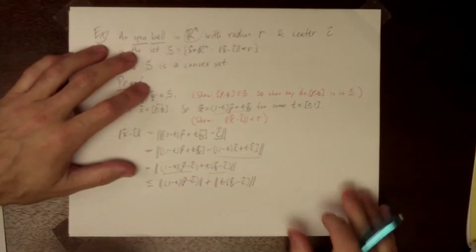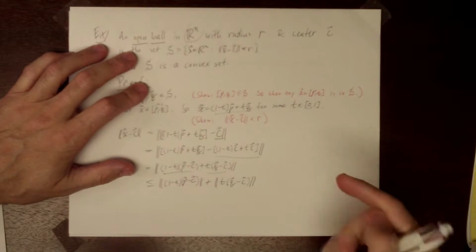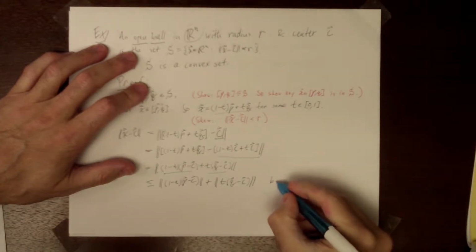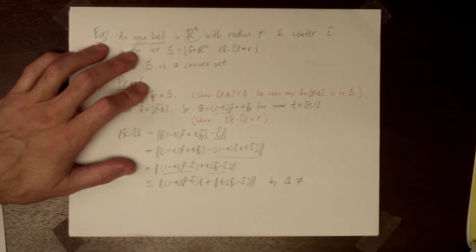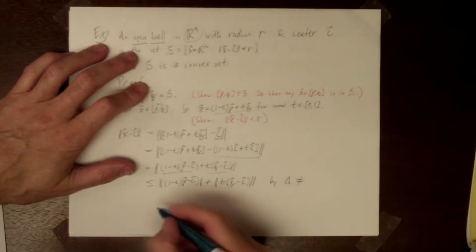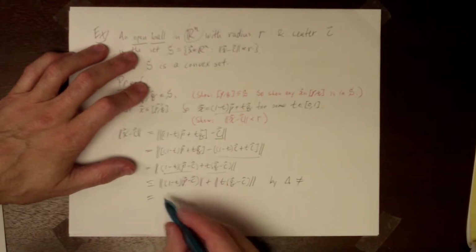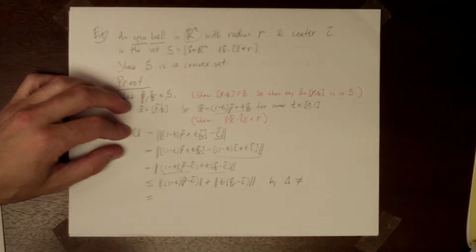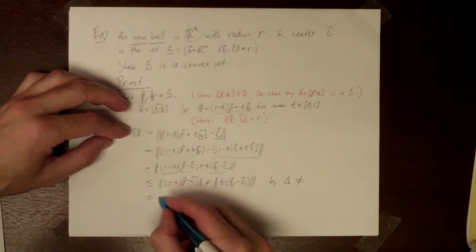So then, maybe make a remark here. By the triangle inequality. The triangle inequality is sometimes written lazily as a triangle with an unequal sign after it. Okay. And then 1 minus T and T are scalars. They can come out of the norm bars.